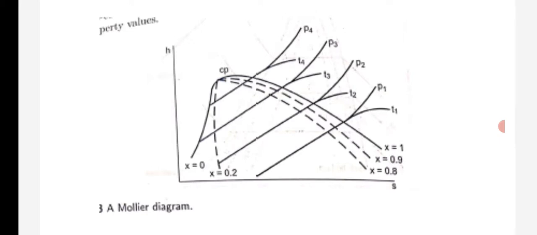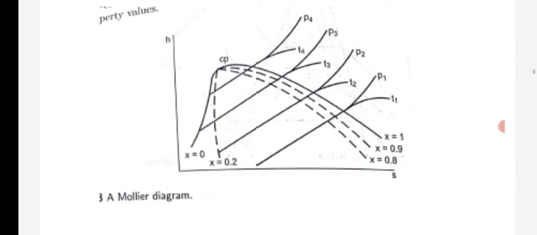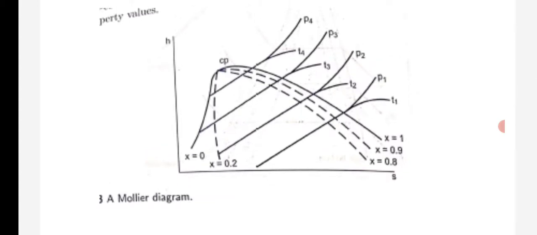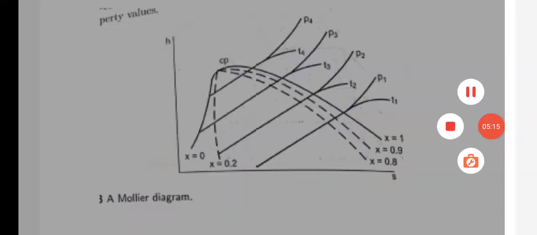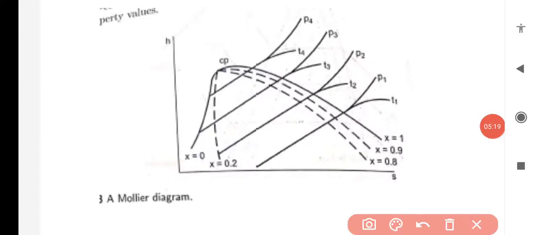X is equal to 0 means this is the saturated liquid line. Okay, you can see the bell shaped curve. This line, x is equal to 0, is the saturated liquid line.